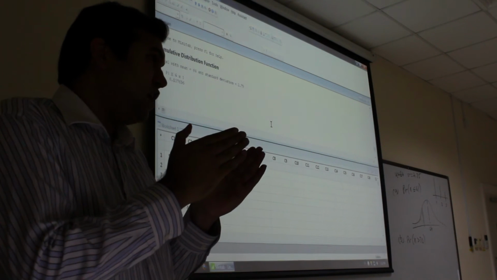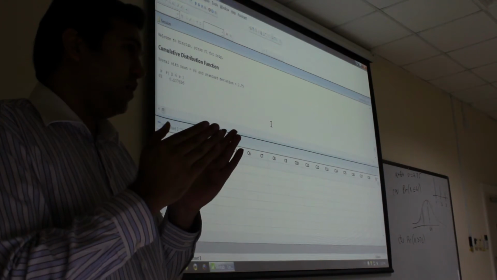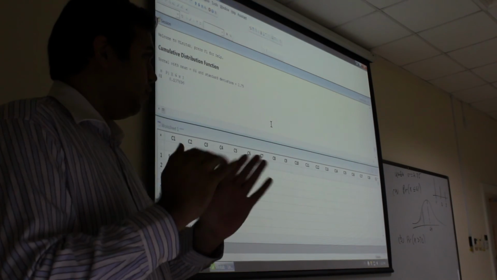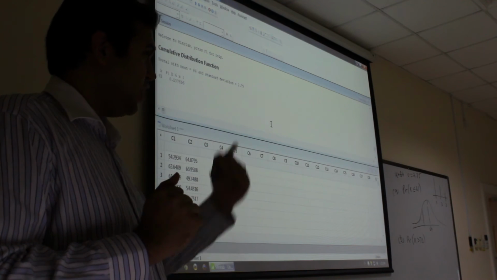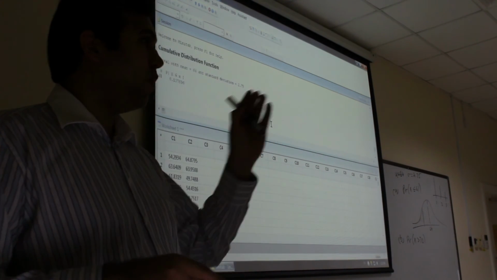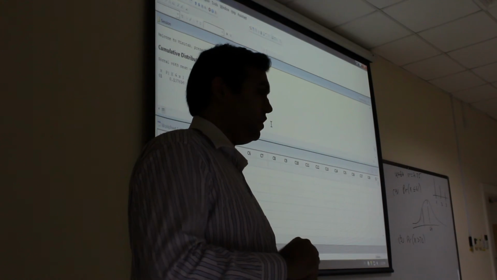What we know is how to compute the probability that x is less than or equal to 70. Once we get that, we can just take the complement, 1 minus that, to get the probability that x is greater than 70. So first, let's compute what we know how to do, which is the probability that x is less than or equal to 70.